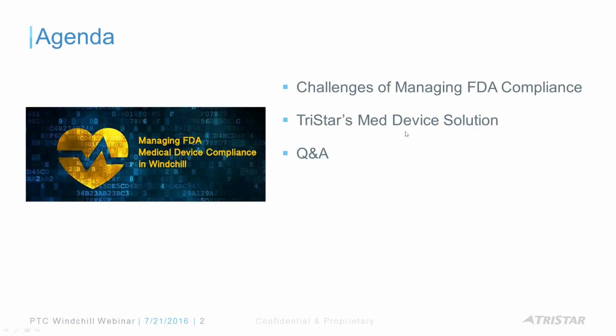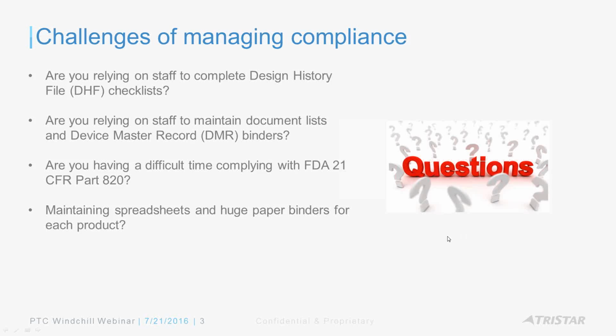So let me kind of just run through some of the challenges, TriStar's version of a solution to these challenges, and then we'll go through some questions and answers. So the first thing we need to always do is complete that DHF checklist or understand what belongs to that design history file.